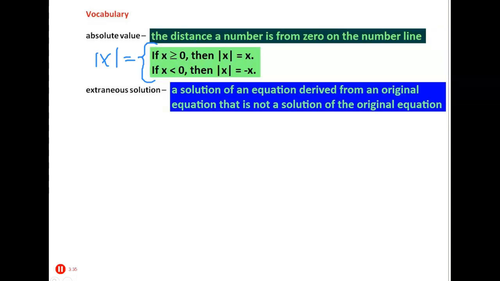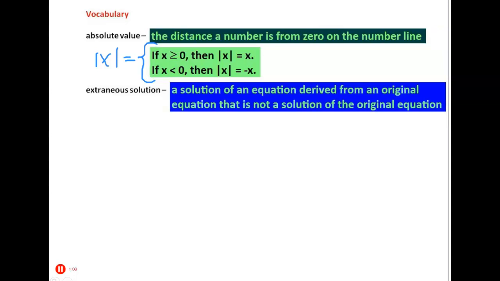Now when we solve absolute value equations, we're going to get something called an extraneous solution. This is a solution that you get when you solve the problem correctly, but when you check it, it does not check.